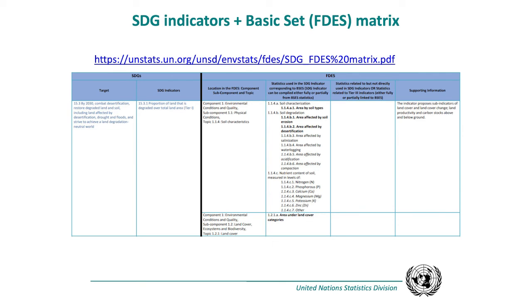Statistics that feed directly into calculating the SDG are shown, as well as statistics that may not be required but might be related to the subject of the given SDG. An example is the SDG on land degradation, for which you may need about 15 of the statistics included in the FDES. This illustrates how often multiple statistics are required to compile a single indicator.